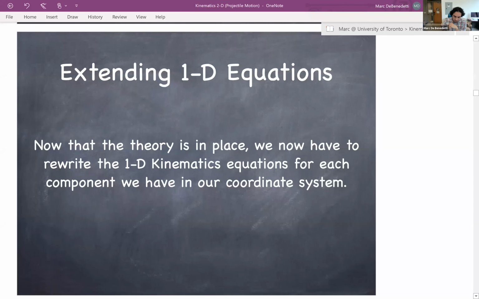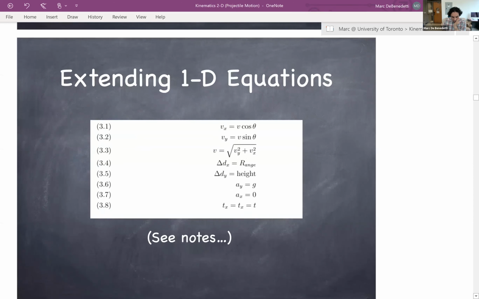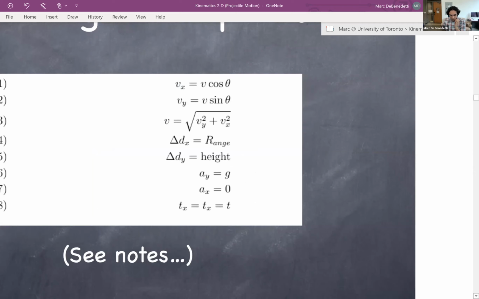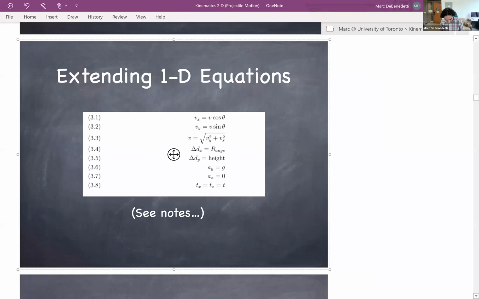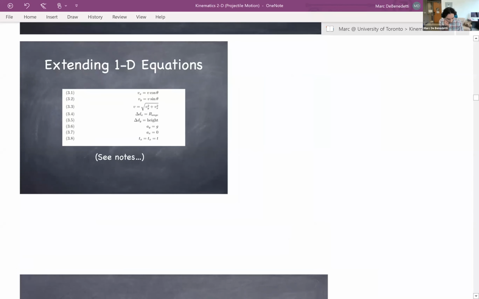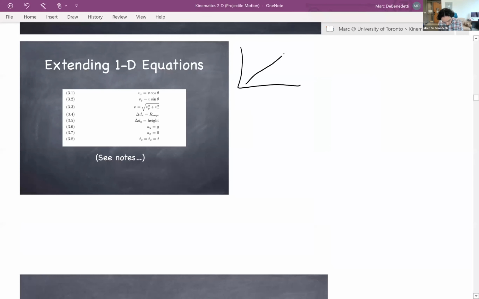I want to show you how we're using vectors to extend our equations. Everything now is a vector in multiple dimensions of space, not just one dimension of space. So now we have to add cosines and sines. If I have a velocity vector v, then I now have an x direction and a y direction.